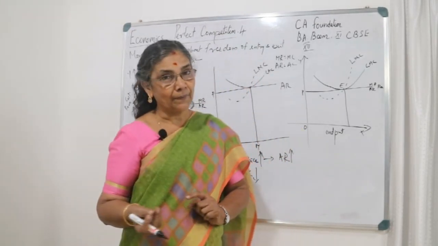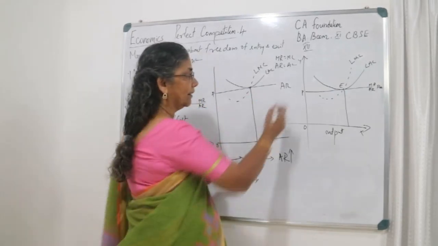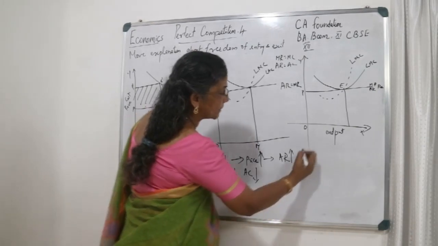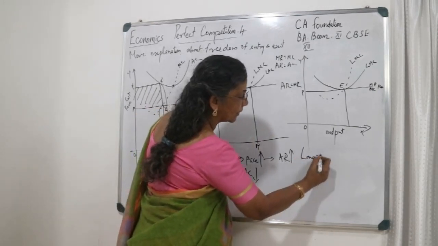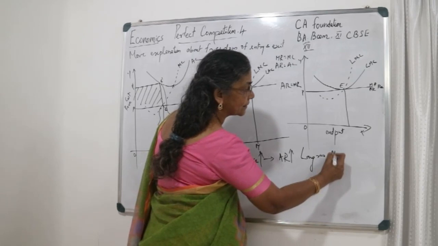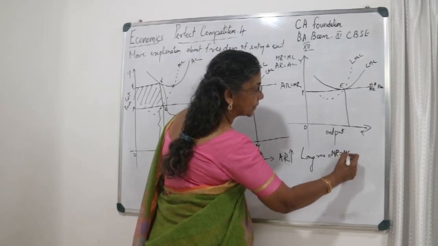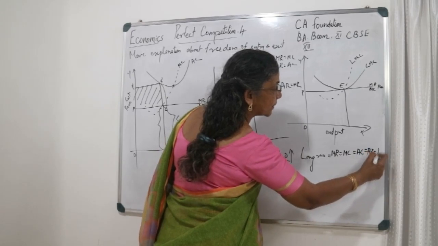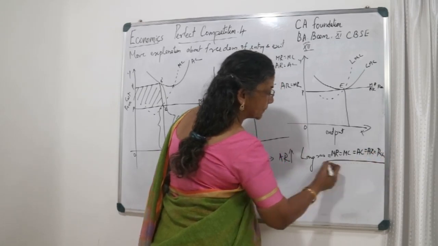So I hope you understood. In the long run, AR is equal to MR. So the long run equilibrium condition is that MR is equal to MC is equal to AC is equal to AR is equal to price.